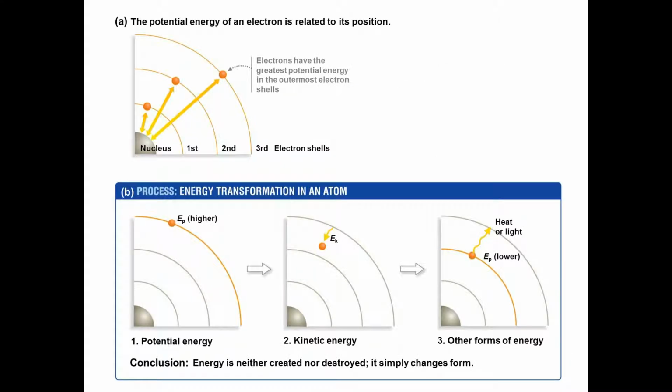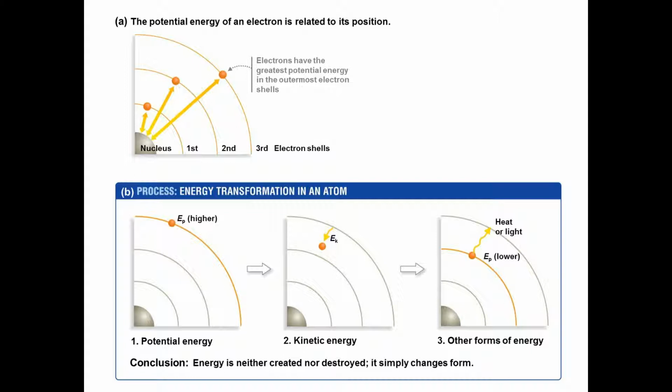Thinking back to the structure of an atom, you recall that the electrons are orbiting outside the nucleus in different electron shells or orbitals. At each shell, as you get further and further away from the nucleus, you have more potential energy.